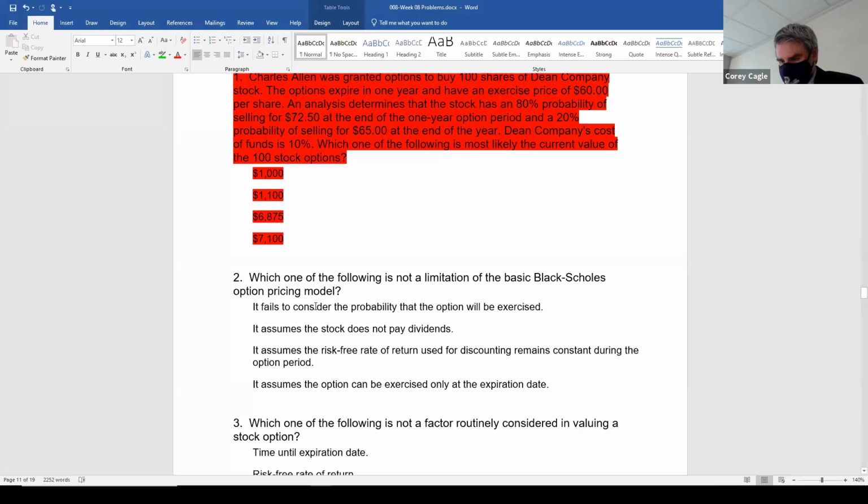But we really more know that these other three are limitations. It does assume the stock doesn't pay dividends. It does assume the risk-free rate is constant. It does assume the option is only exercised at the end, right? That's really the bigger takeaway from this, knowing the other three. Because I don't know what to answer A until I read B, C, and D on this one.